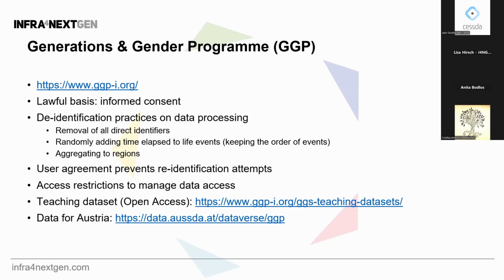So the idea here is to publish multiple datasets, a detailed dataset which contains more granular data and which is better suited for scientific research, and then other datasets that are more highly aggregated, where more anonymization measures have been applied, which result in more information loss, but on the other hand can be shared more openly.